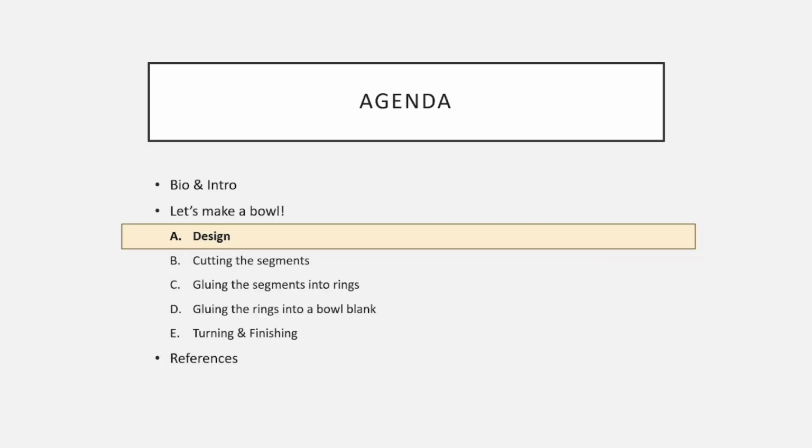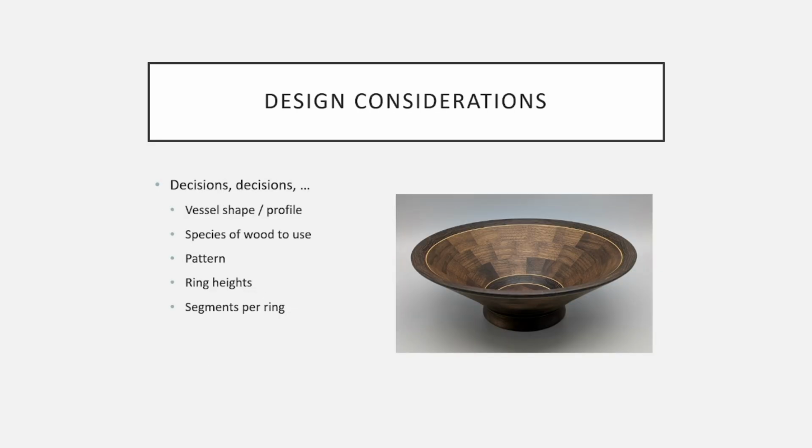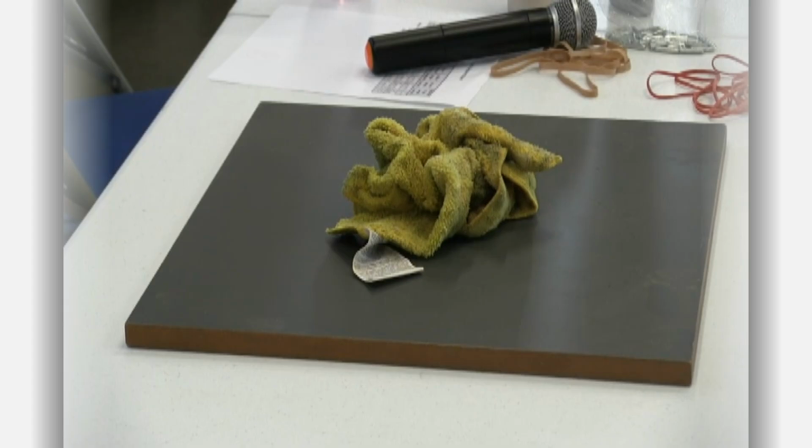So, first step before you get started, on segmented turning, you have to design the bowl blank. And you've got a lot of decisions to make. One is obviously the profile of the bowl that you're going to make. You also have to figure out what species of wood you're going to use and how you're going to combine those species together.